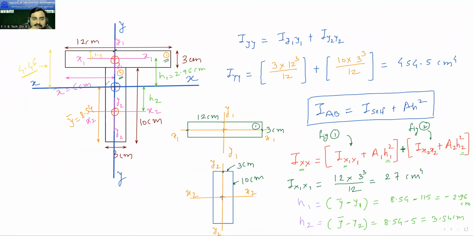So see the y bar. या बॉटम पासून इथपर्यंत डिस्टन्स किती आहे? 8.54. त्याच्यातनं मी जर एवढं डिस्टन्स मायनस केलं, एवढं किती असणार आहे? याचा CG म्हणजे हे किती असणार आहे? 5. This will be 5 centimeter. So from 8.54, if I minus this 5, I will get this H2. So same answer will be there. So it will be 3.54.